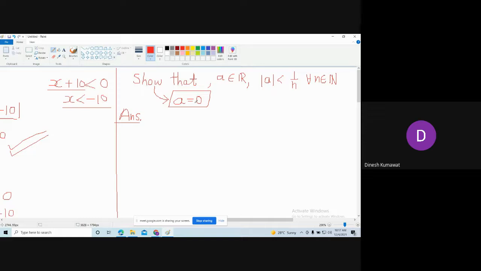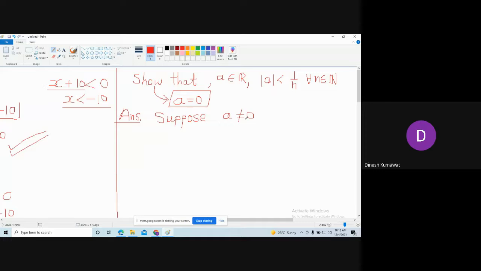Whenever we don't get any idea, we make a wrong assumption, proceed further, and see whether we get a contradiction at the end. So what we are going to assume is, suppose a is non-zero. This is the standard trick which we use very often in this course.